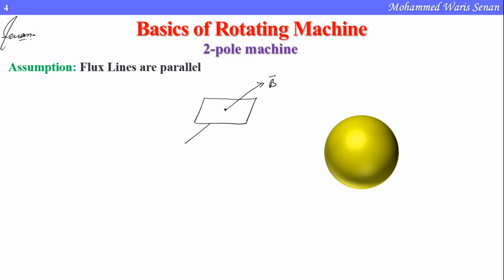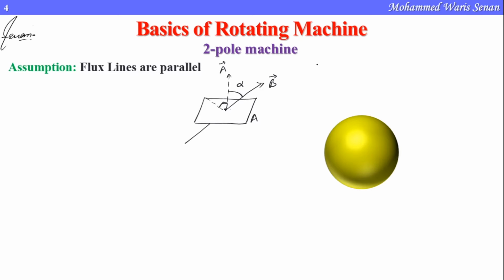Now let us draw the area vector, which is perpendicular to the area. Let us consider this magnetic field line is making an angle alpha with the area vector.